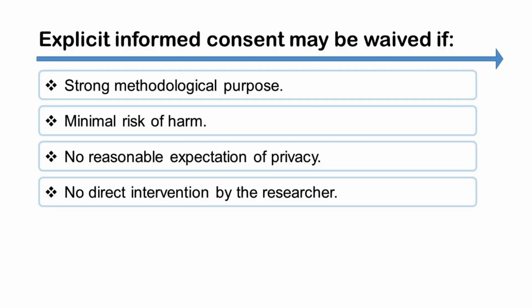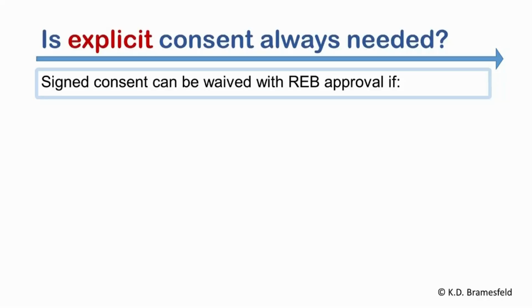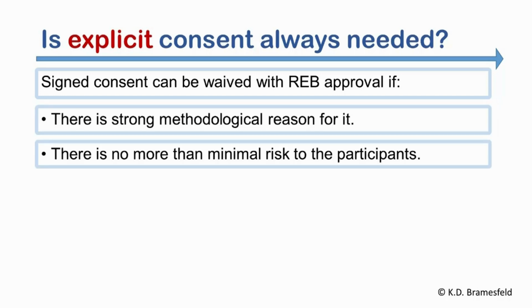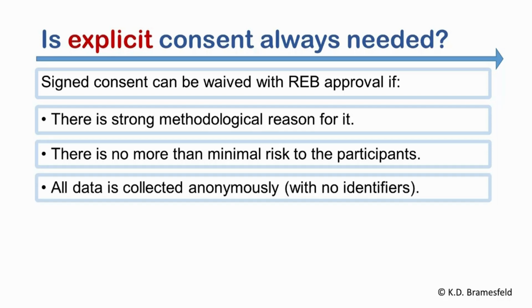All right. So we know that there are certain circumstances under which we may not require informed consent. Only if, again, in collaboration with the REB, there's strong methodological reasons for doing it, there's no more than minimal risk to participants, and all data has to be collected anonymously.